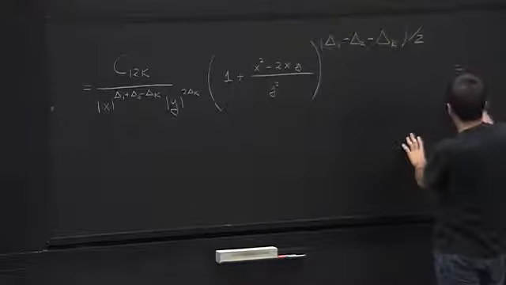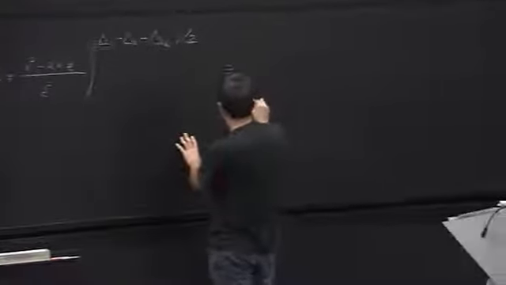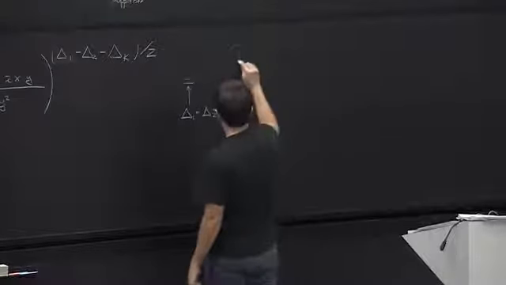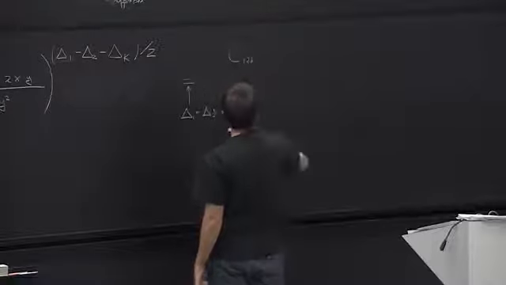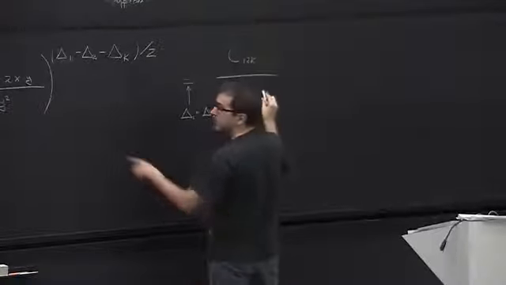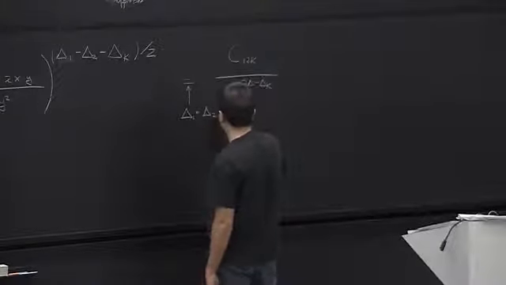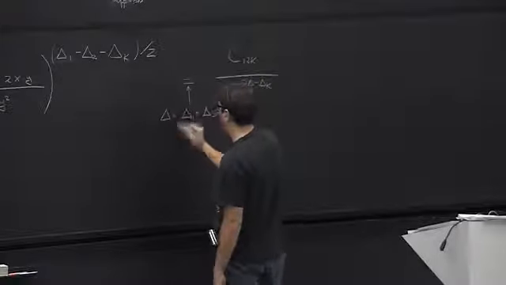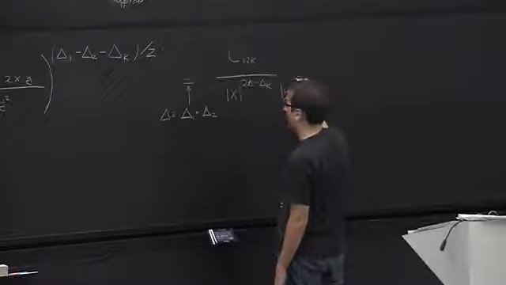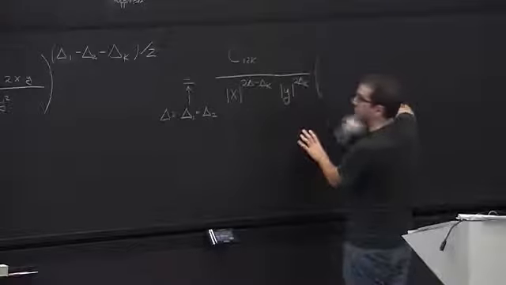And to simplify our life, let's do it when delta 1 is equal to delta 2. I leave it as an exercise for you to do it for the general case if you want. And then we get C1,2,k divided by the absolute value of x to the power 2 delta minus delta k. Then there is the absolute value of y to the power 2 delta k. And then let's expand at large y.